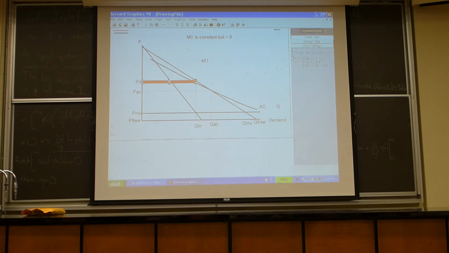Question for you. Is it this triangle? Well, look at it closely. This triangle, this is the difference between 0 and what people would pay for it. But what is 0? We want the difference between marginal cost and price. We want this triangle.